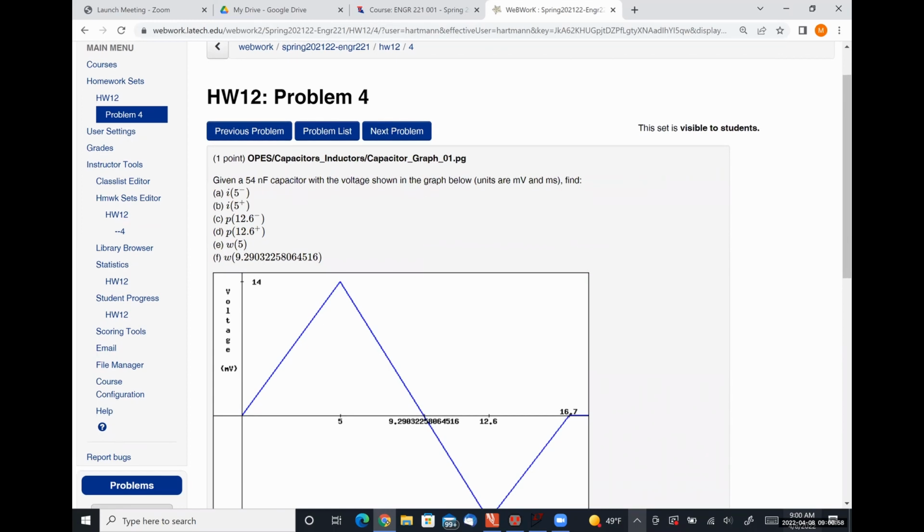Problem 4, you're given a graph of the voltage, and then you need to determine current. So that's a derivative-based relationship. Power is current times voltage, and then energy is read the voltage off the graph and put it into the equation. And then problem 5 we've talked about at length. So any questions regarding your homework sets over this material?